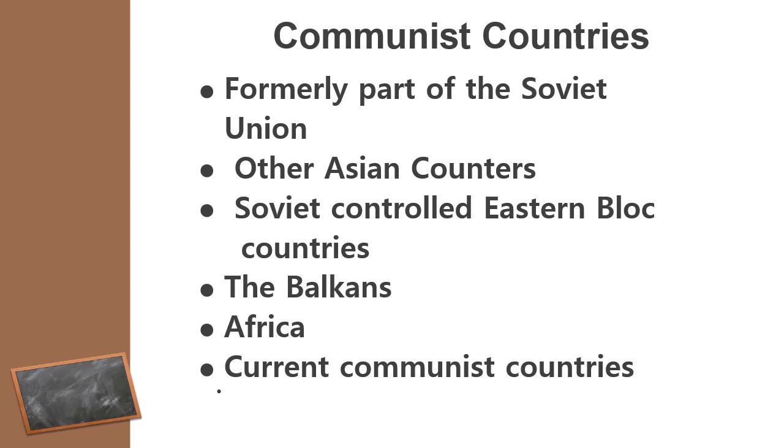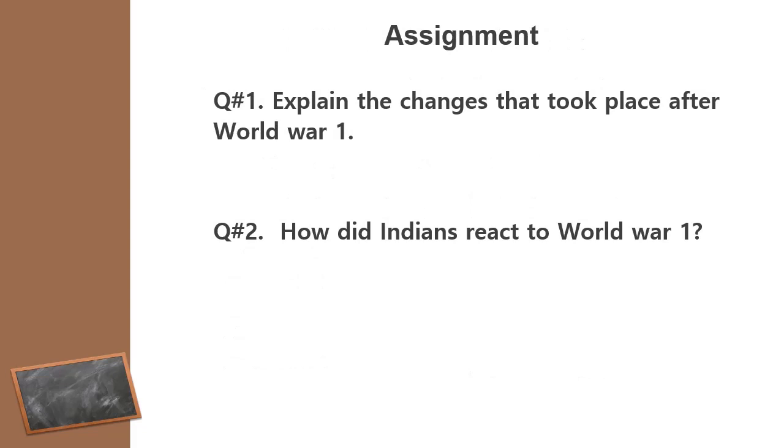Africa includes Angola, Benin, Democratic Republic of Congo, Ethiopia, Somalia, and Mozambique. Current communist countries include Russia, China, Laos, North Korea, and Vietnam. These countries all adopted the principles of communism.